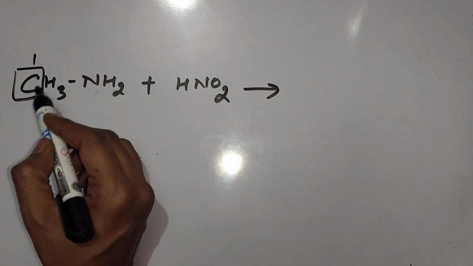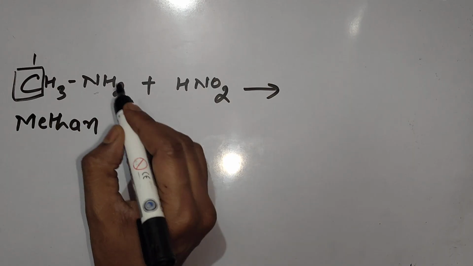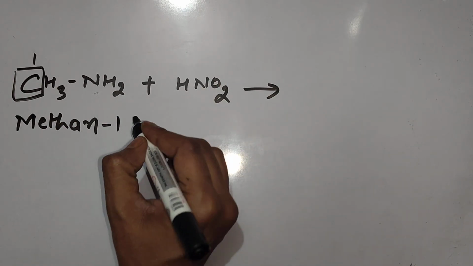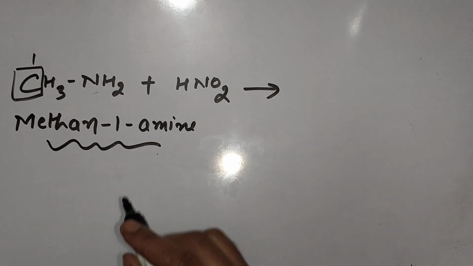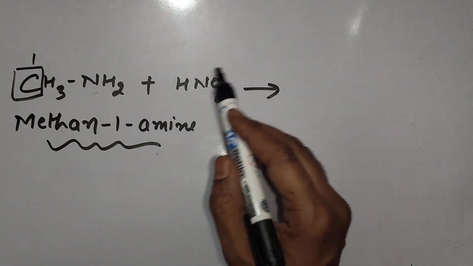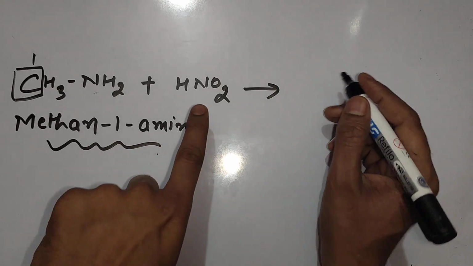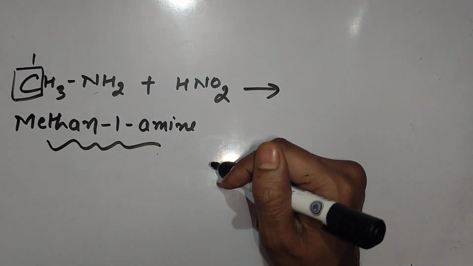Cyclo is not there. Word root 1 means meth, ane, and then finally the name of the functional group. It's an amine, 1 amine. Methane 1 amine is going to react with nitrous acid. So which alcohol will be generated? You just need to change NH2 to the OH group.